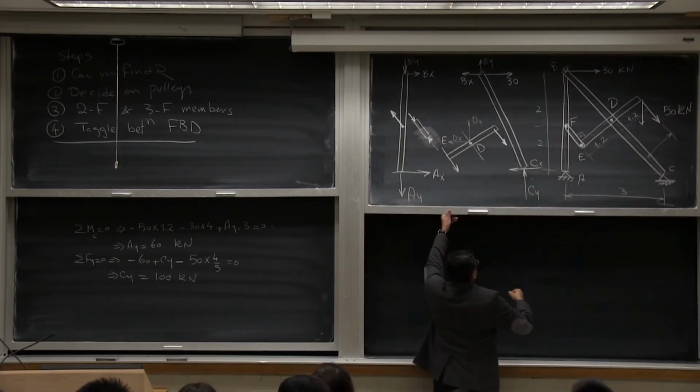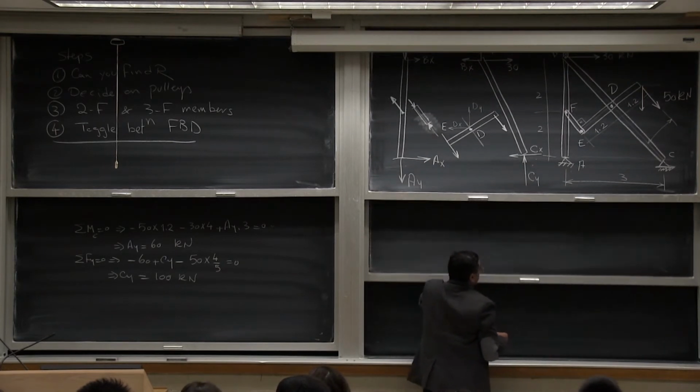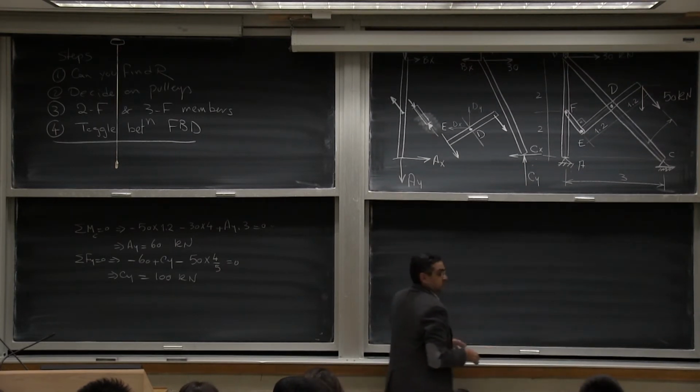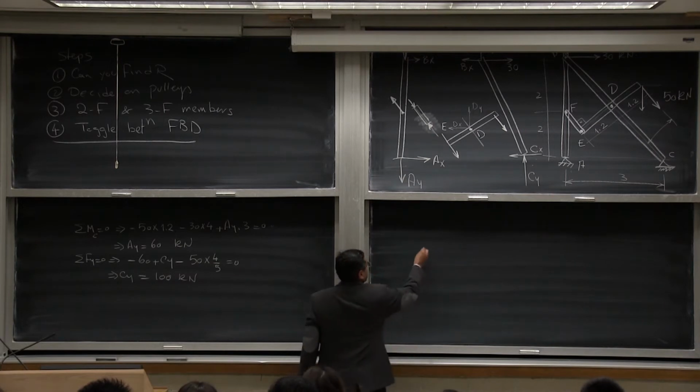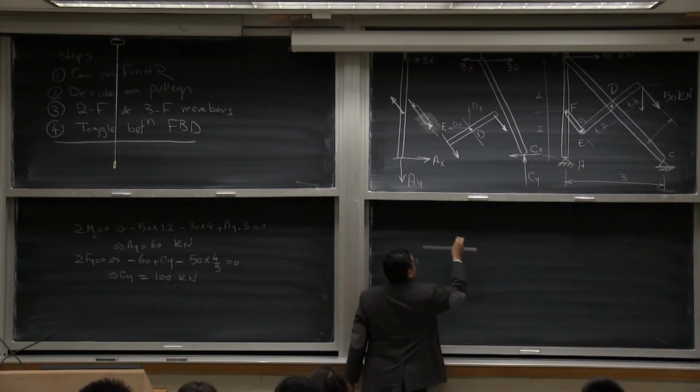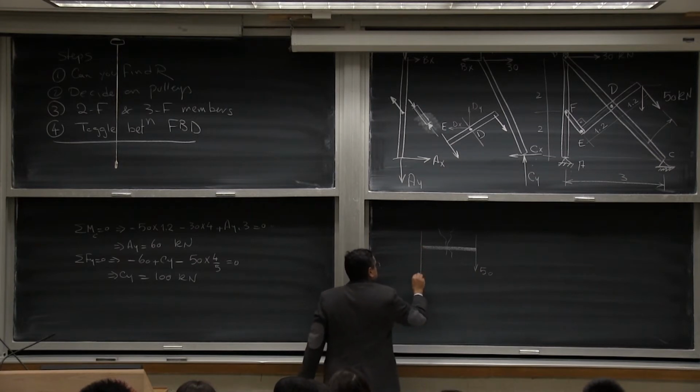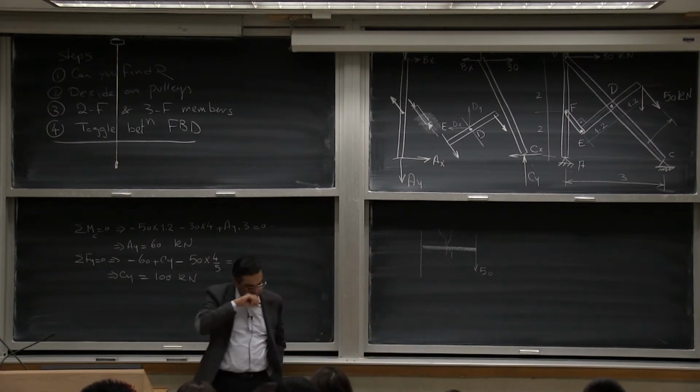If you look at this member, and let me show it to you in a regular beam, you happen to know that there is a force here, that there is a force here of 50, and there is a force here that is also parallel to it.